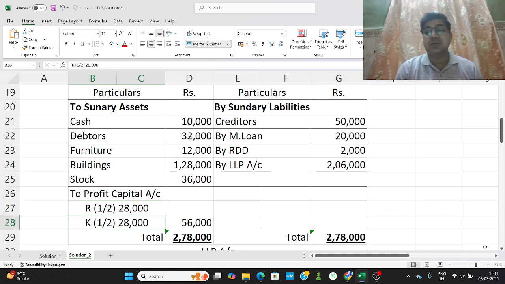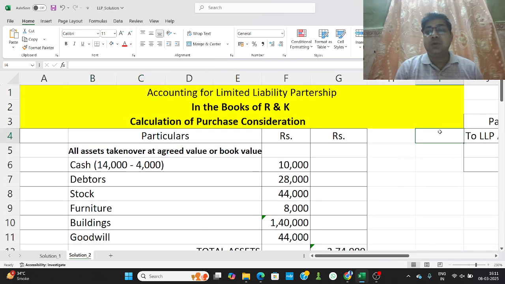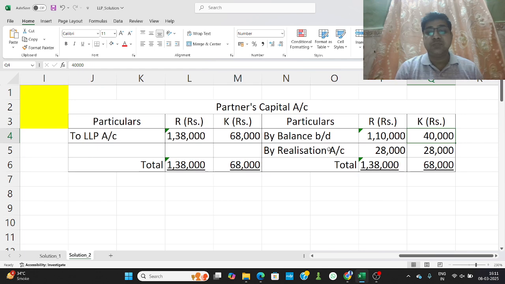Once we transfer to the partners' capital account, we have to show it on the partners' capital account credit side, by realization profit. Then after that, we have to close this partners' capital account. The credit side totals: R's 1,38,000 and K's 68,000. On the debit side there is no value, so whatever value comes will be the balancing figure, which we transfer to the LLP account.